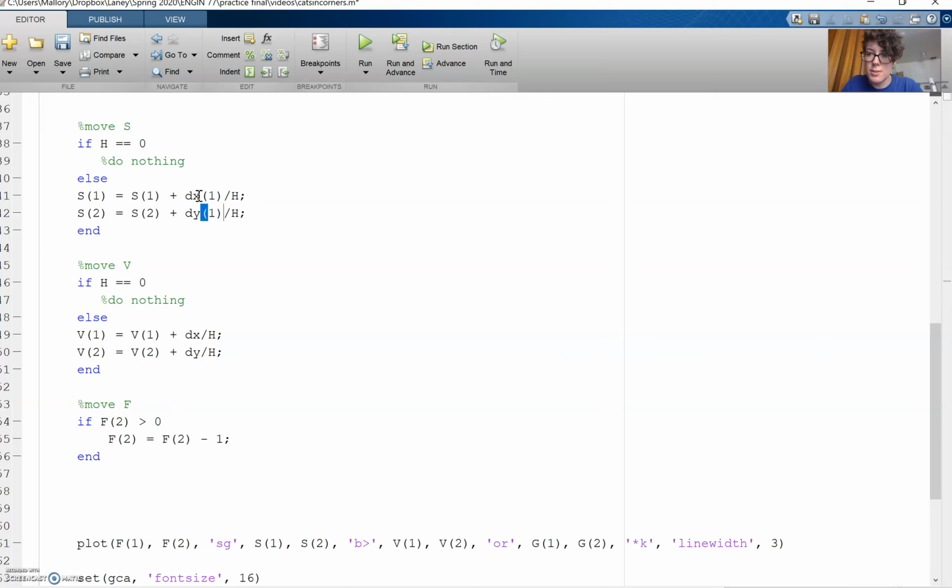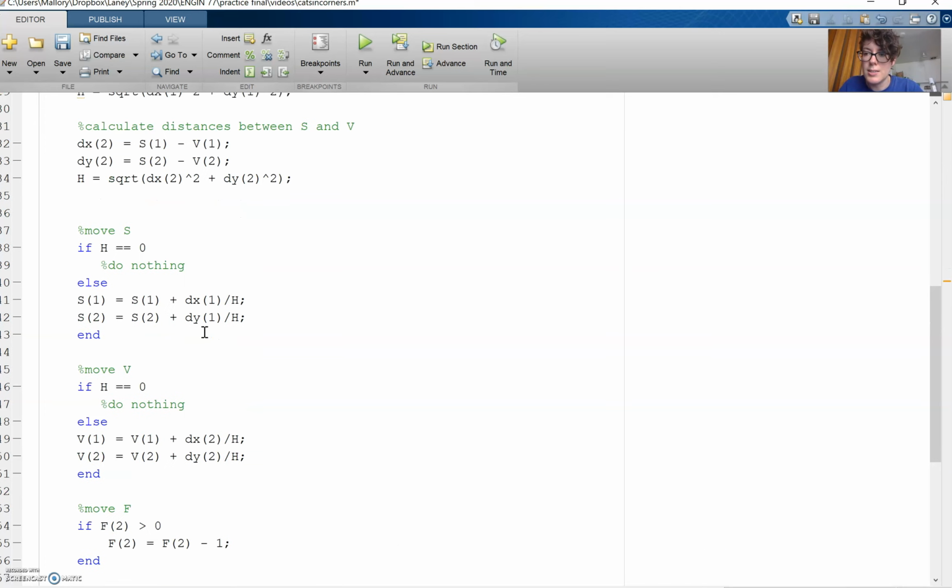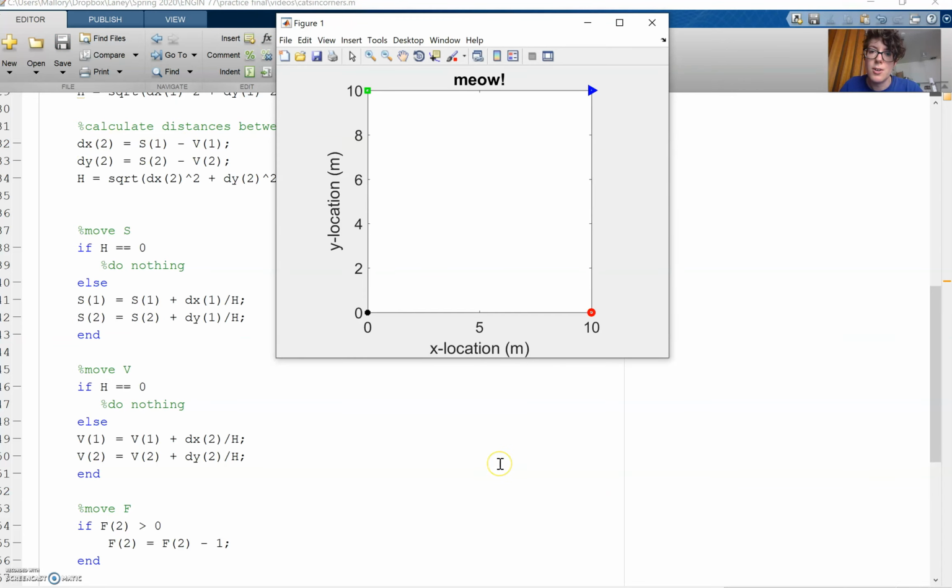Let's do dx of 1, and then here we have 2 because I saved my delta x in the second location here. So let's run our code, and we see our cats are now chasing each other.